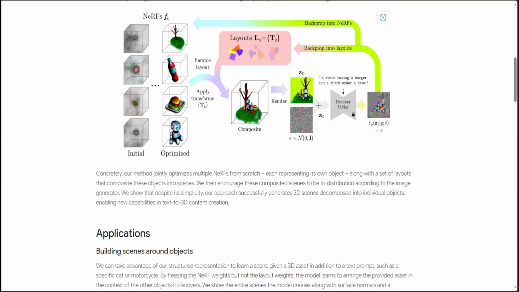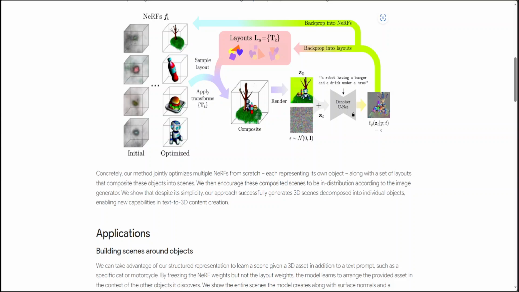Now, the method is quite simple. To bridge the gap from monolithic 3D representation to scenes with multiple objects, they have introduced this more expressive 3D representation. So they learn multiple NeRFs along with a set of layouts, which in other words means valid ways to arrange these NeRFs in 3D space.